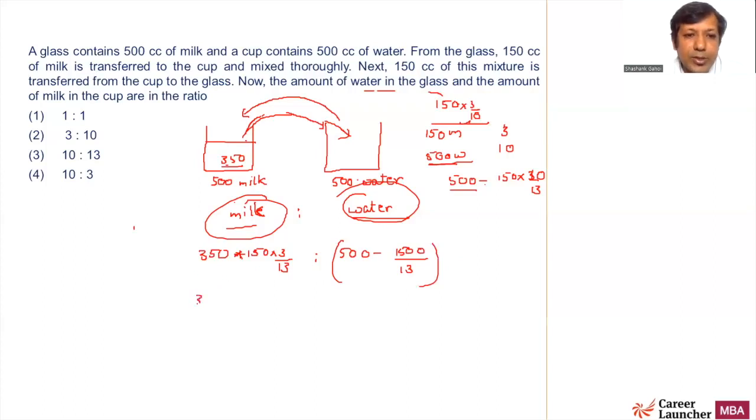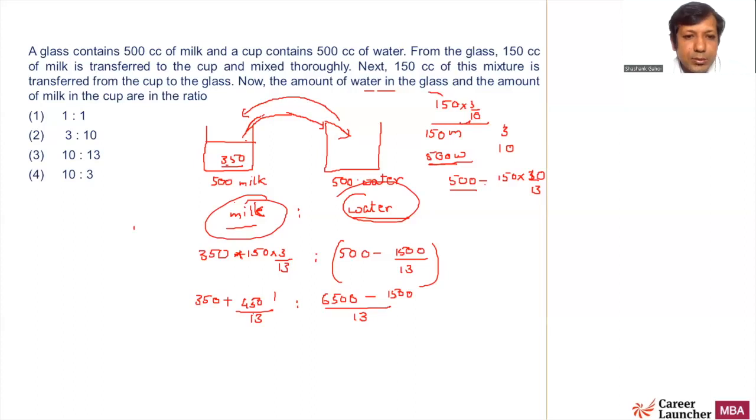So I am going to get 350 plus 450 upon 13 is to 6500 minus 1500 upon 13.